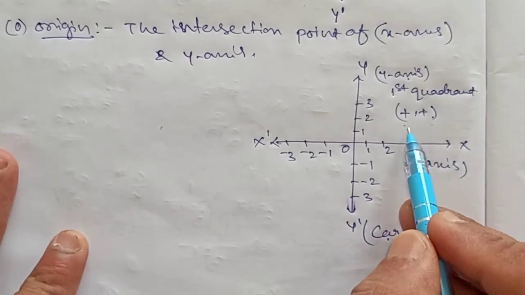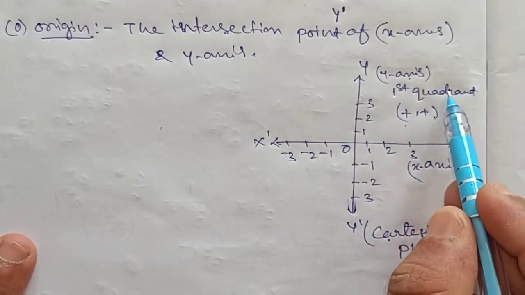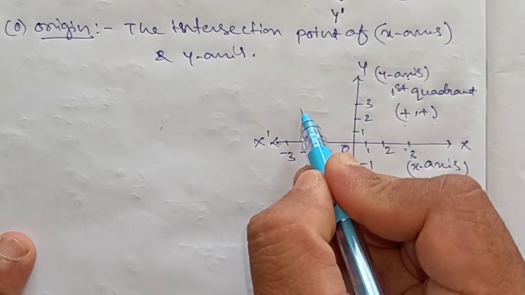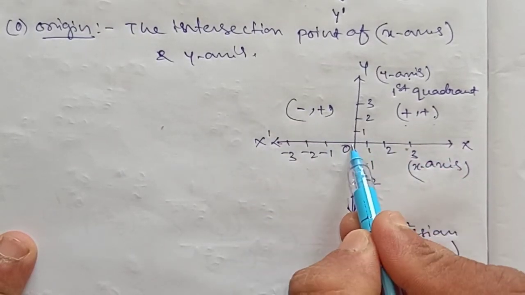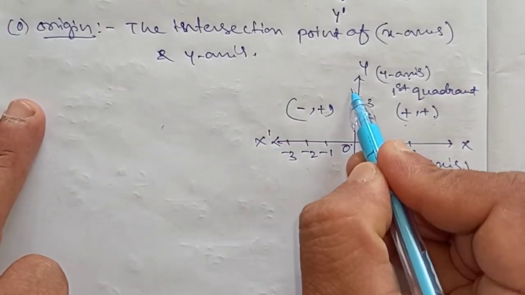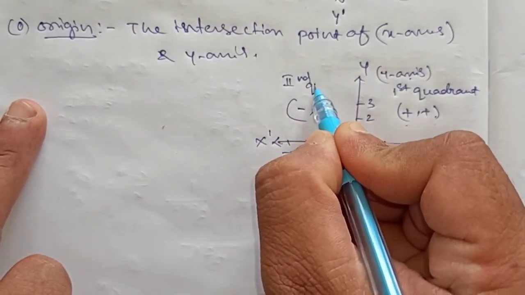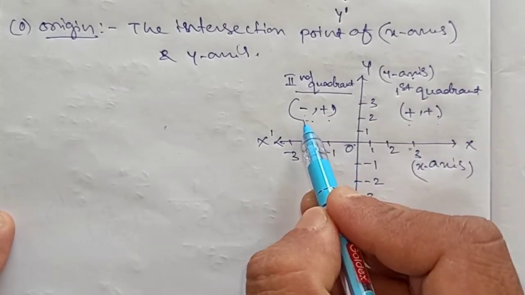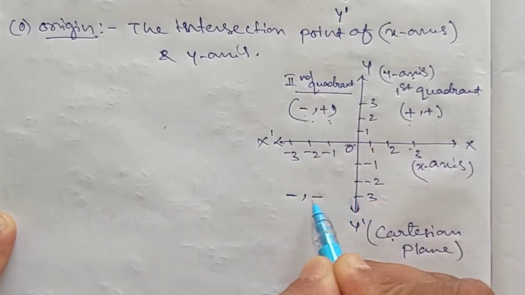If both coordinates are positive, the point will lie in the first quadrant. Minus plus will lie on the second quadrant. Which one is minus? The x point is minus, the y point is plus, so it is called the second quadrant. The coordinates which carry a negative and a positive sign will lie on the second quadrant.